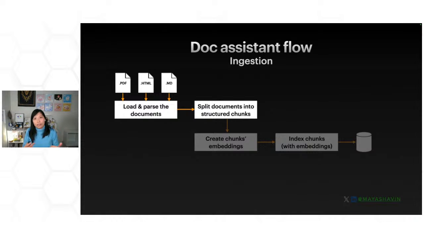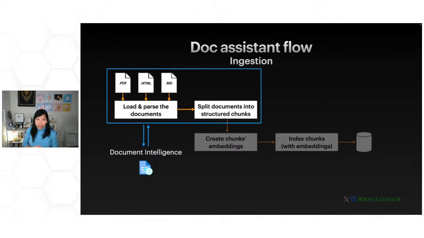Either you write your own model to parse these documents and split them into chunks, or you can use the Document Intelligence service from Azure AI Services. It takes the PDF file, for example, parses it, and splits it into structured chunks according to tables, pages, sections, and so on, depending on how you configure it.